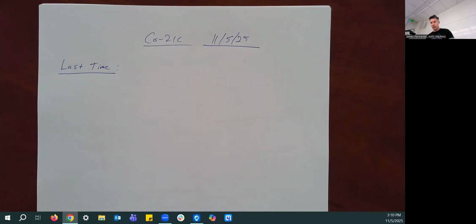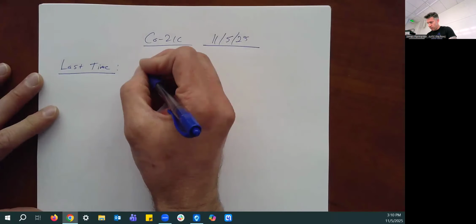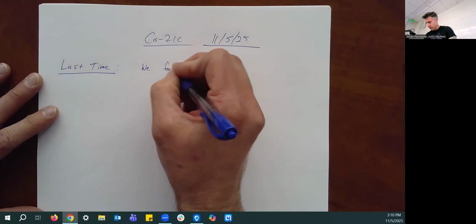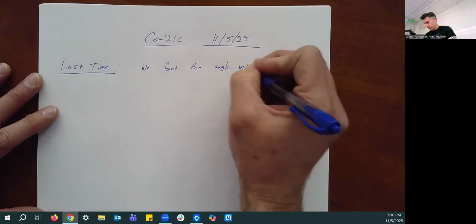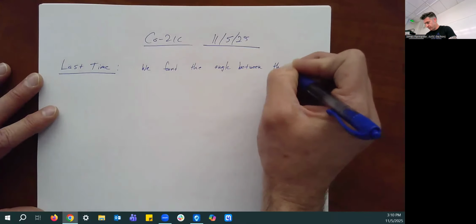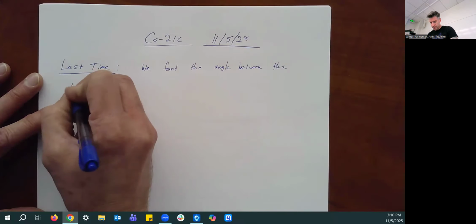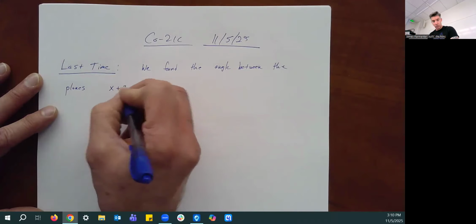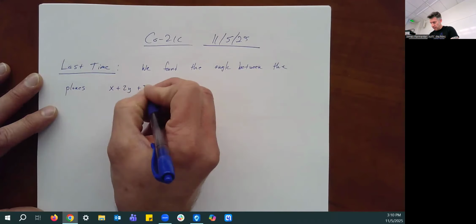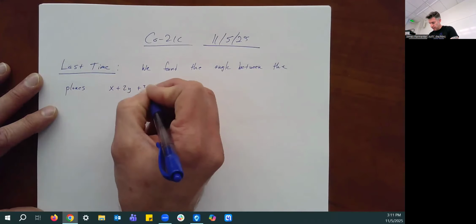So real quickly, last time we found the angle between the planes. They were x plus 2y plus 3z equal to 6.